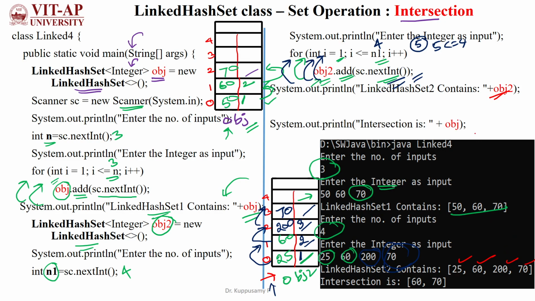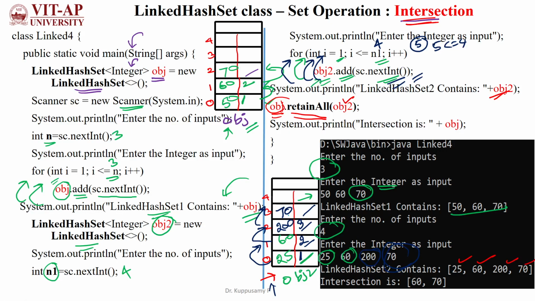Then the next statement is where I am going to retain all the values available in obj2 and obj, I mean the common values. Okay, intersection: common values available in obj1 and obj2. So what are the common values available in obj1 and obj2?